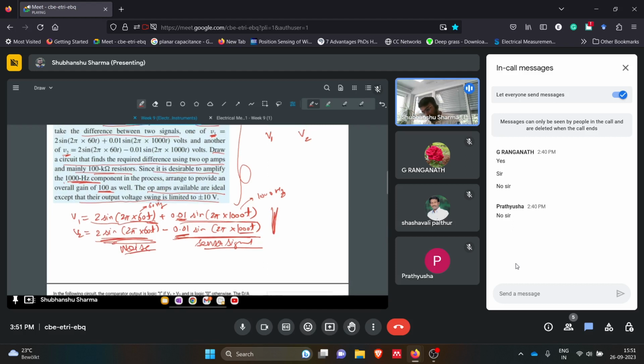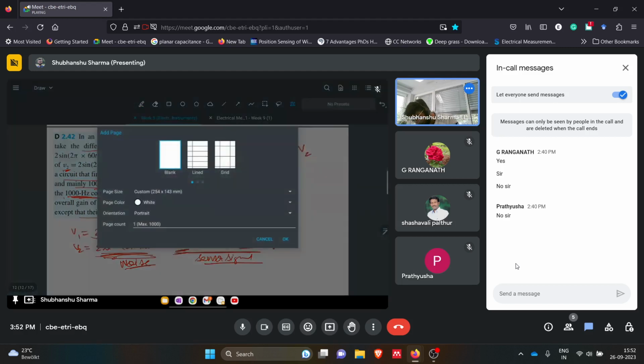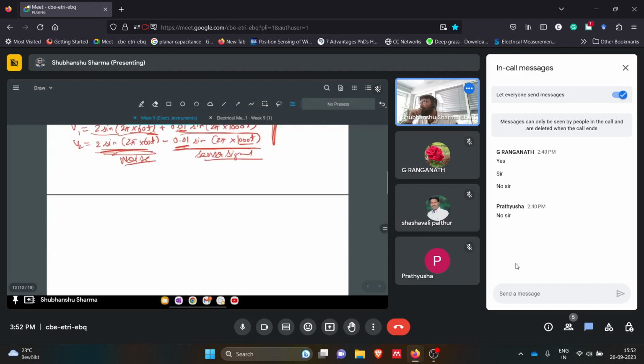For that, I'll add one page. So we needed the difference. We know that op amps can act as summing amplifiers, and I will also show you.